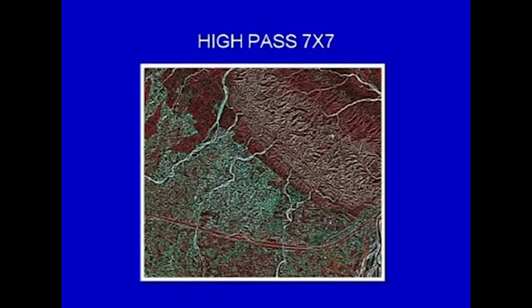When I increase the high pass filter kernel to 7 by 7, now what happens is only the big edges are retained, the smaller ones are removed. So, if I am interested in broad classification of information, probably a high pass filter of higher window size would yield a better result.